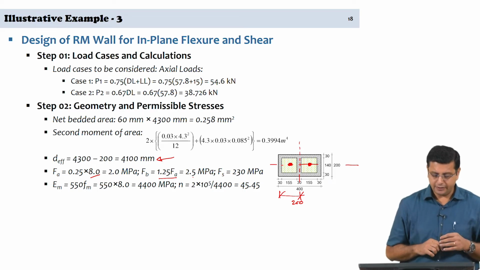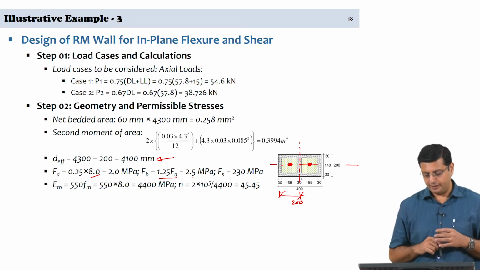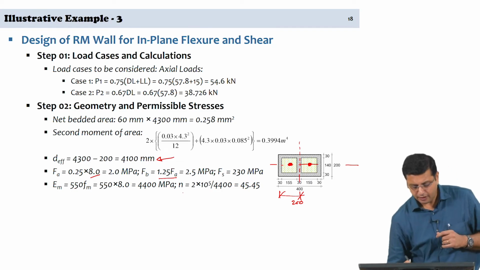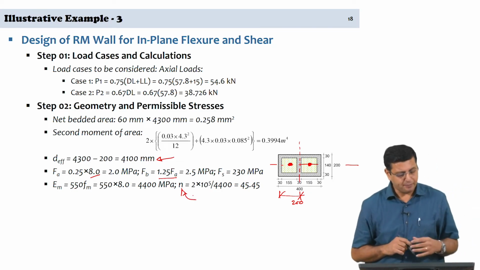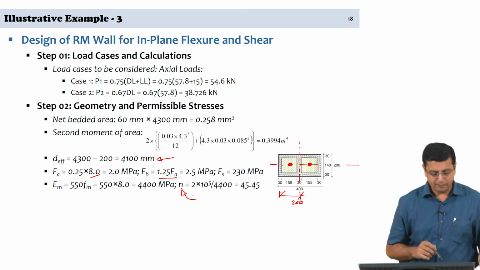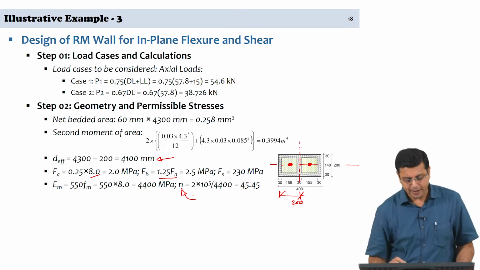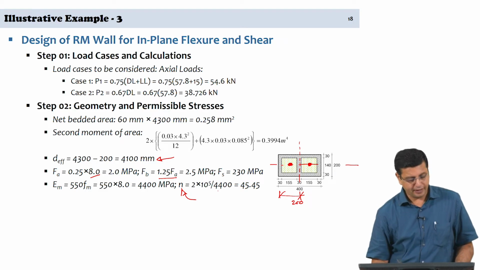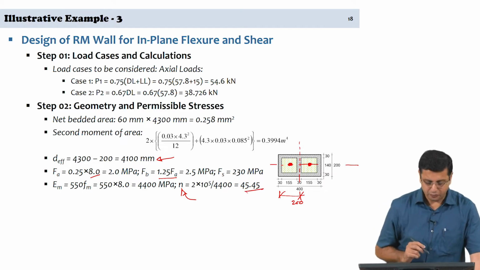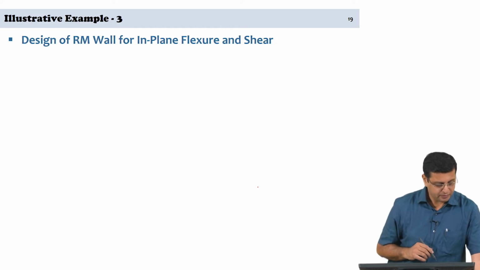Modulus of elasticity is required primarily to make the estimation of N, the modular ratio. So, Em is 550 times Fm, and that is 4400 MPa. So, the modular ratio, modulus of elasticity of steel, 2 into 10 power 5 MPa divided by 4400 MPa, is 45.45, which we will use in our calculations.